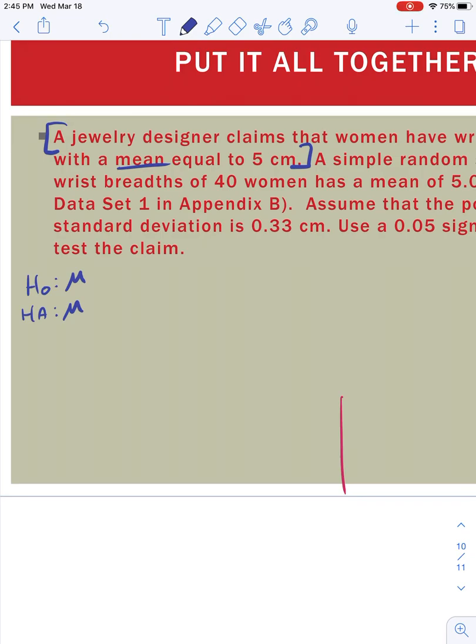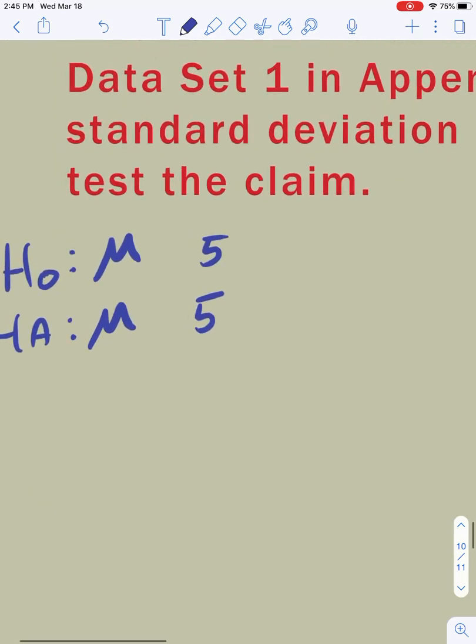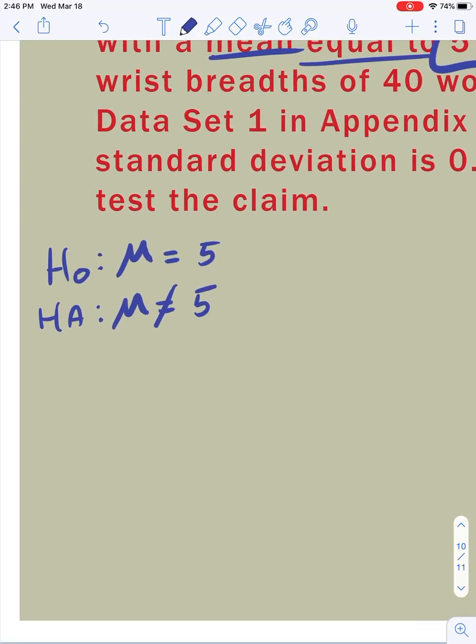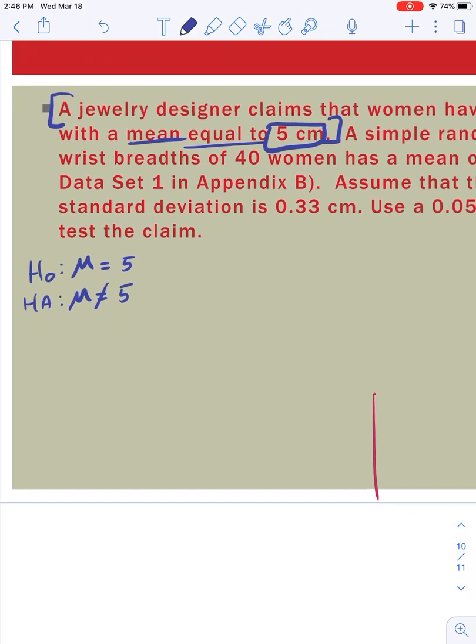The number being suggested is 5, so I'm going to put that here and here. And all they've said is equal to. If they don't say greater than or less than, all we can do is treat it as a not equal to problem. Remember, the alternative always has to be an inequality symbol. So I'm going to use not equal to for that. Okay? So step one was get your hypotheses.